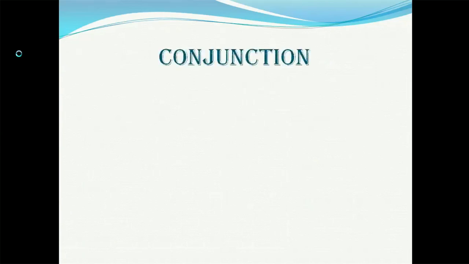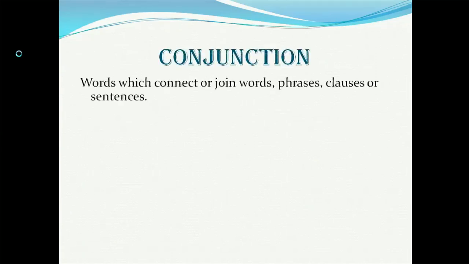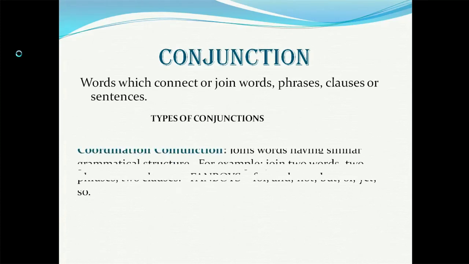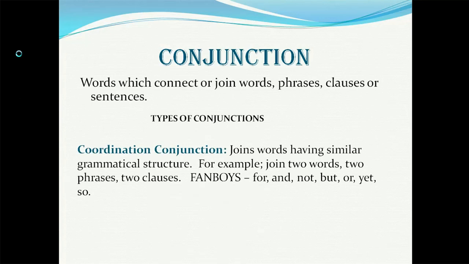Conjunctions are words which join or connect words, phrases, clauses and sentences. There are basically 3 types of conjunctions. Coordinating conjunctions join words having similar grammatical structure, for example 2 words, 2 phrases or 2 clauses.